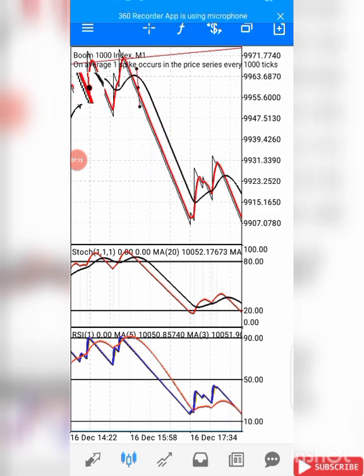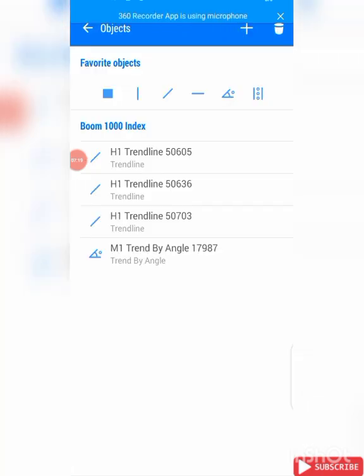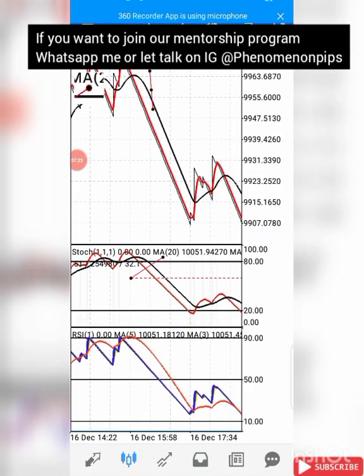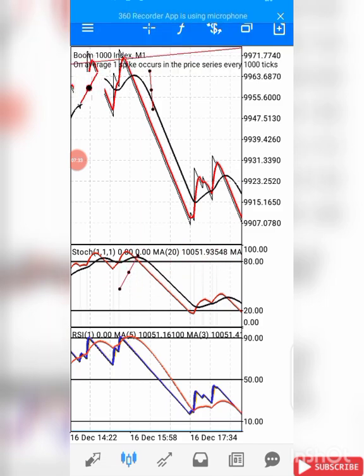Then before you can take your trade, come back to the stochastic oscillator here. The red and the black must cross at the 80 level here. If the red crosses the black moving average at this zone, these 80 levels, that is telling you that the market is going to sell.